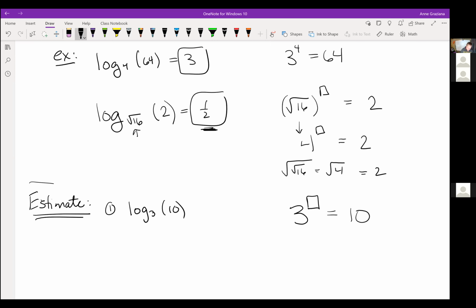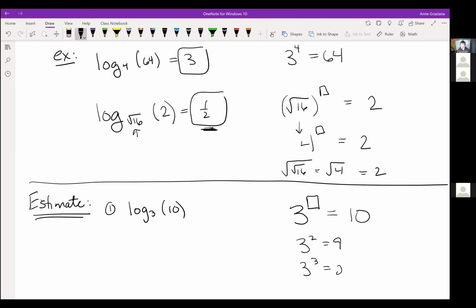You can see pretty quickly that it's not going to be a whole number, right? Because 3 squared is 9, and 3 cubed is 27. That's a big jump. I ain't going to get 10 with a whole number. So this is about 2 point something. Let's estimate it to be about 2.1, because 10 comes right after 9, so it's going to be really close to 2. That would be a good estimate for that.